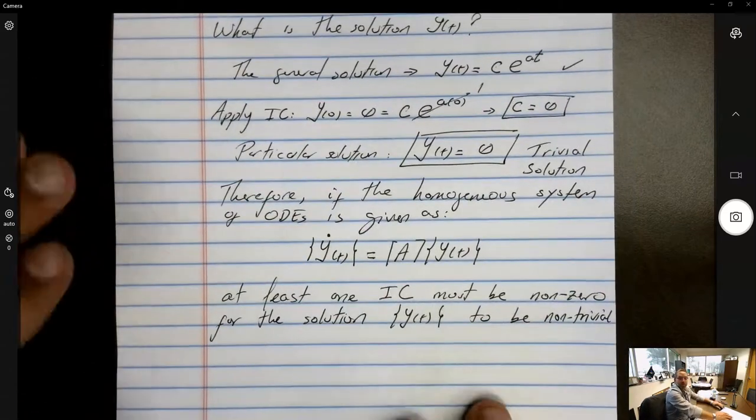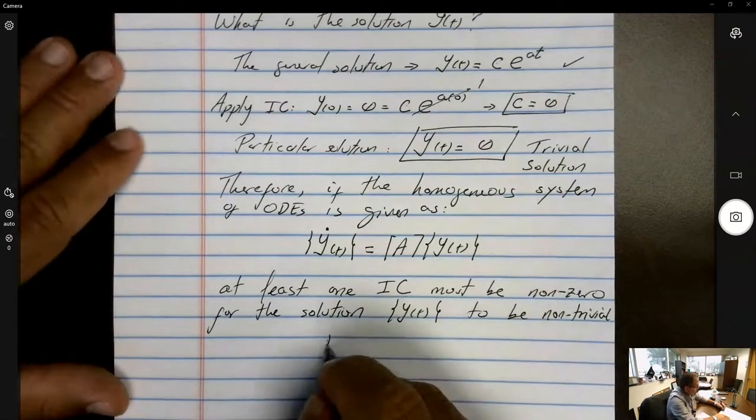Otherwise, we're back down to the solution being equal to 0, and, well, that's trivial.